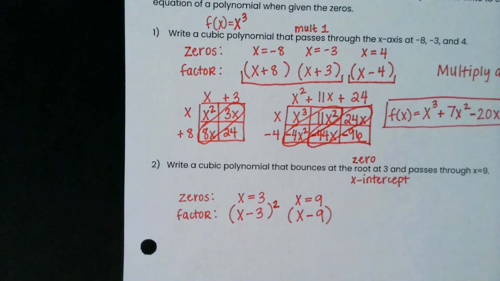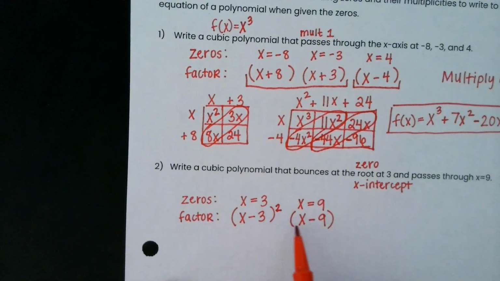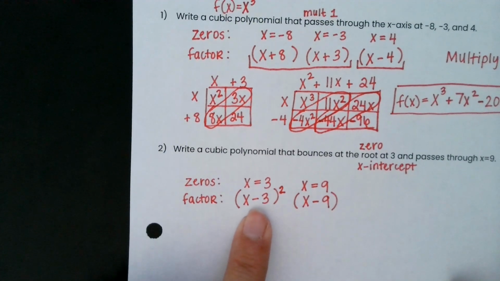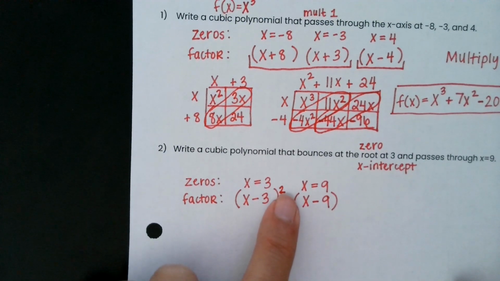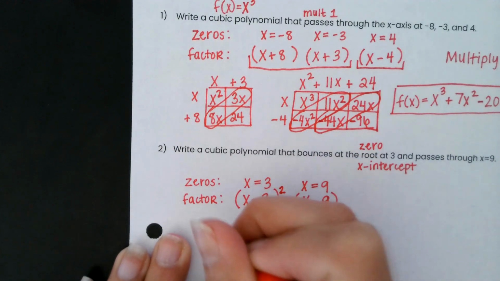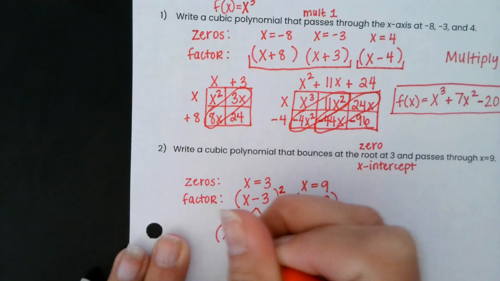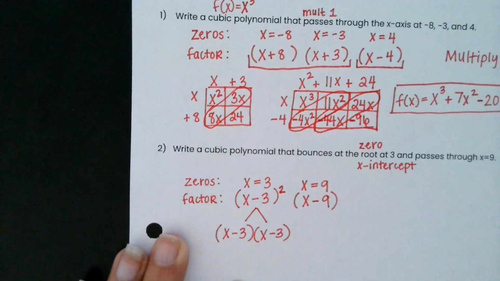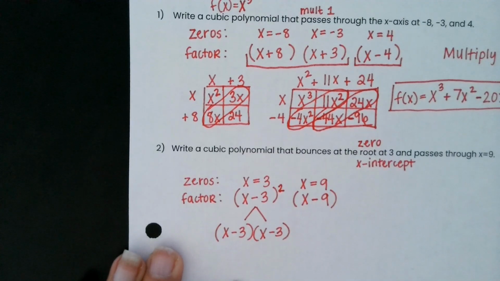So we're going to have to multiply this together. Here's what I'm going to multiply together first. I'm going to take care of this x minus 3 squared because, as a reminder, when you square something, that actually means there were 2 of them being multiplied together.